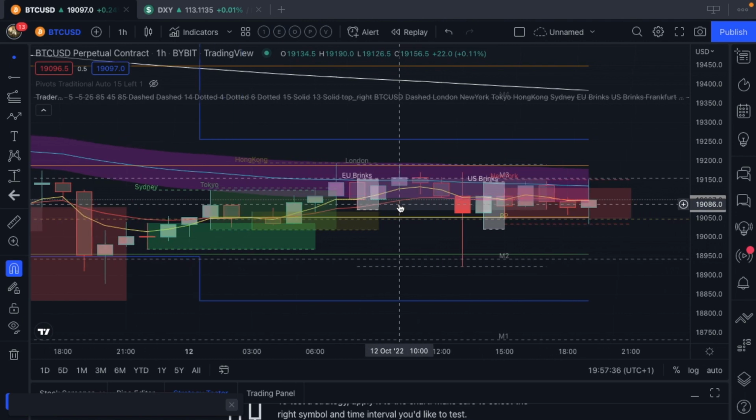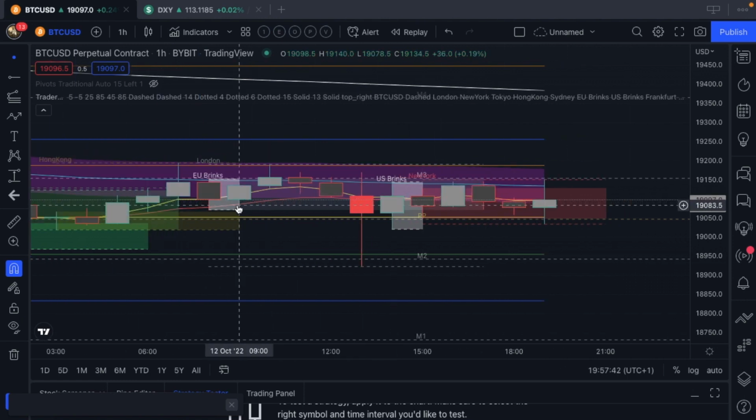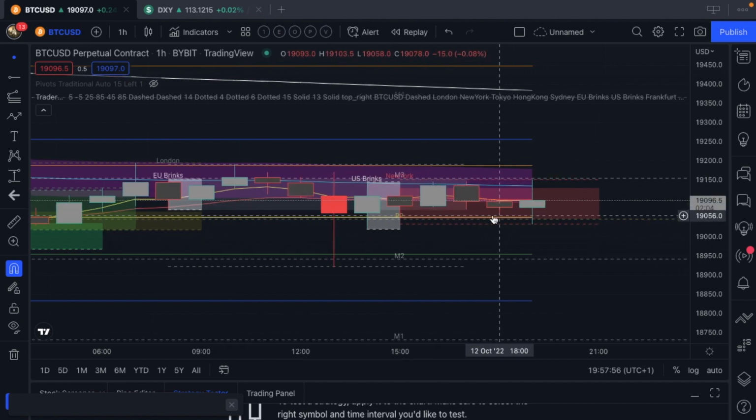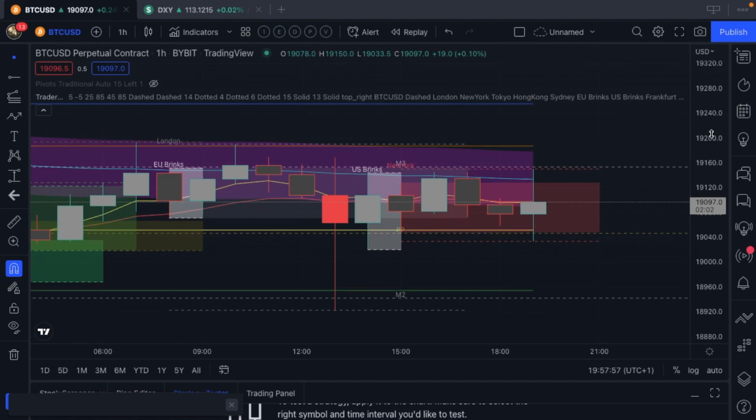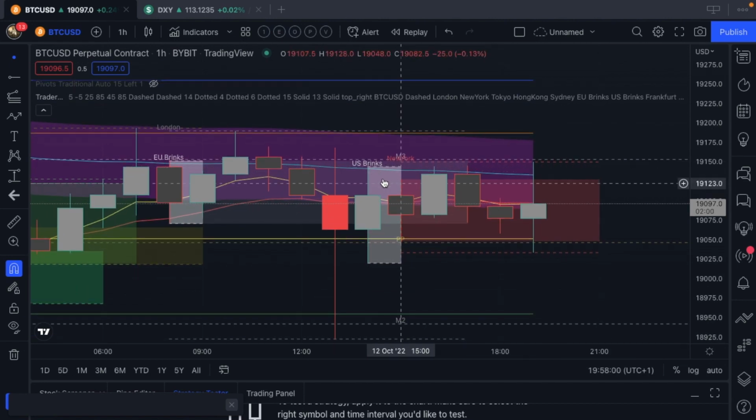The white box here, which continues, is the London Open, and this little box is the EU Brinks, which is the first hour of trading of London. Then the red box here is the New York session. So you'll notice that there's also a Brinks box here.